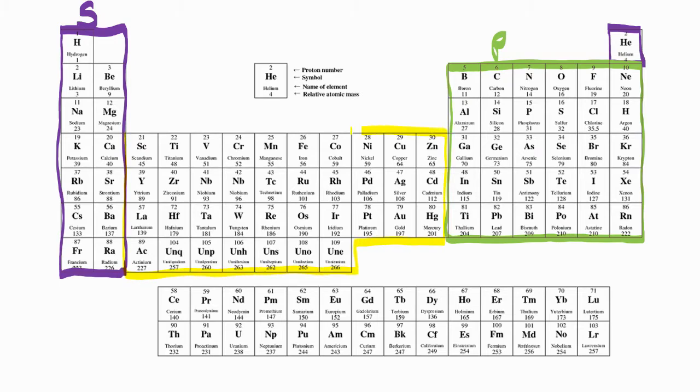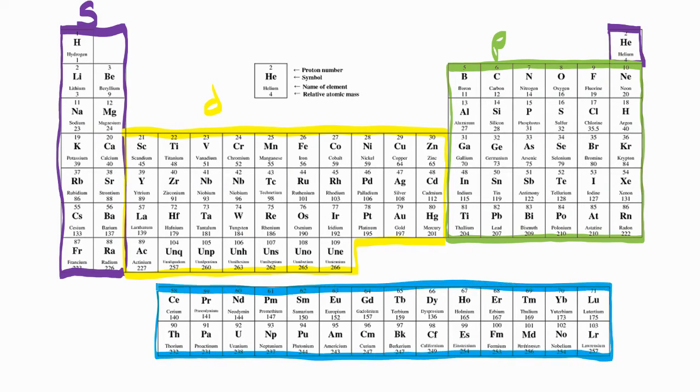So these guys are the d orbitals. And then last but not least, even though we don't care about them so much, I will just, for the sake of having a completely colored table, highlight these ones down here, which correspond to the f orbitals.